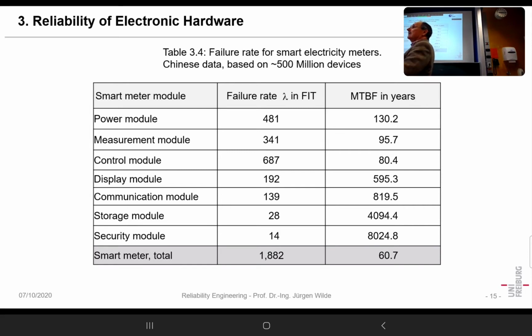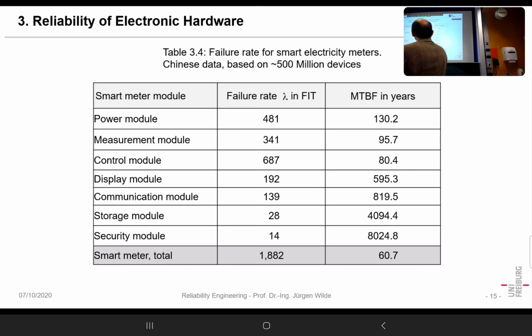You put in some number so you can access it. So that's the module. And we look at the failure rates. They are between 40 and 481. In fact, that smart meter was not so really reliable.